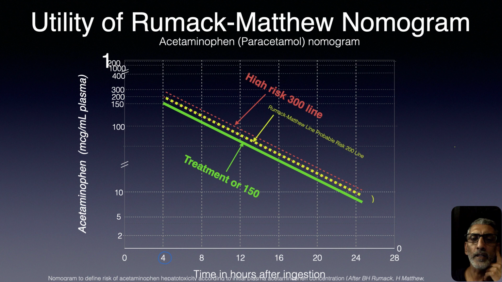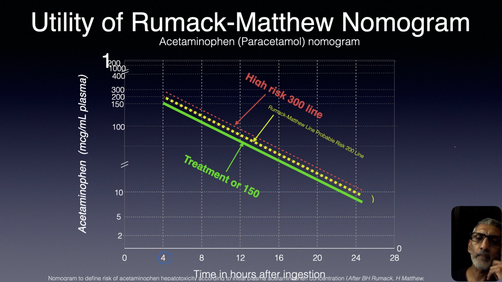The graph here basically shows how much acetaminophen is in the blood with respect to time. However, there are some limitations of using this graph. For example, we should not use this graph if the patient has ingested the drug more than 24 hours ago, or the patient has a history of multiple ingestions of Tylenol.